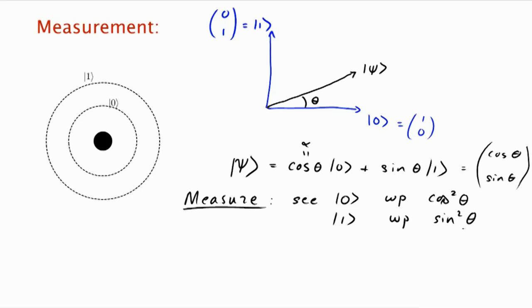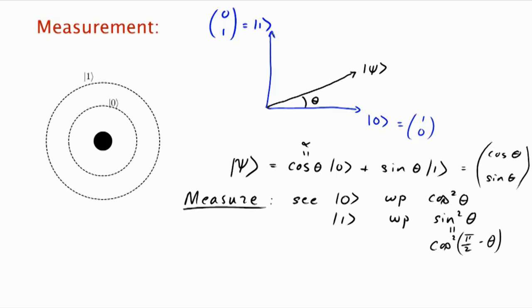Okay, so what's another way of interpreting measurement? Now we have this geometric interpretation of measurement. When you measure the state, if it makes an angle of theta, let's write sine squared theta as cosine squared of pi by 2 minus theta. So what is it saying? Well, the state gets projected onto either the ground state or the excited state.